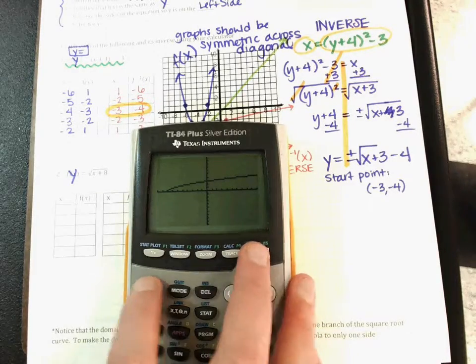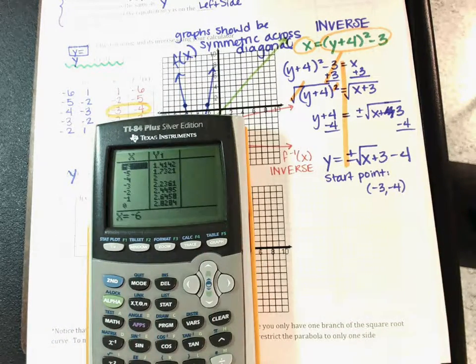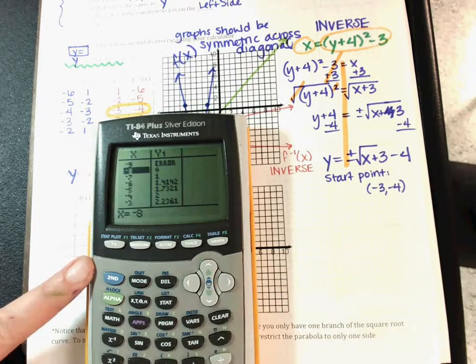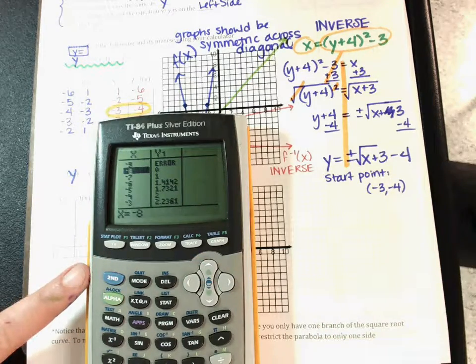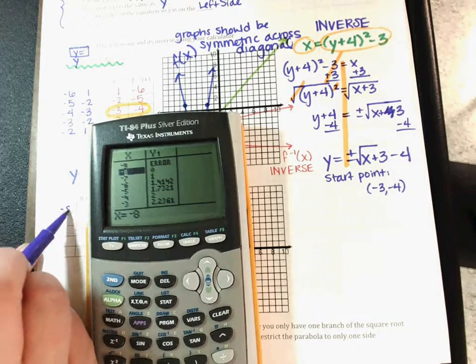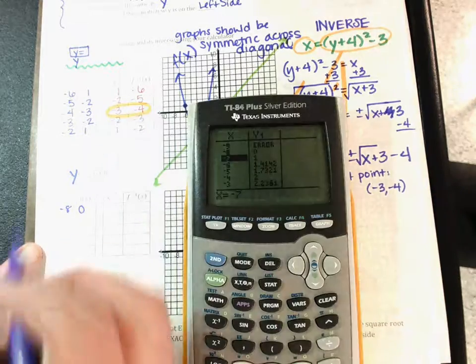So I'm going to go to the second table here, and I'm only going to pick points that are whole numbers, not any decimals. So negative 8, 0, go ahead and put that in your table, here at the top. My next one is negative 7, 1.